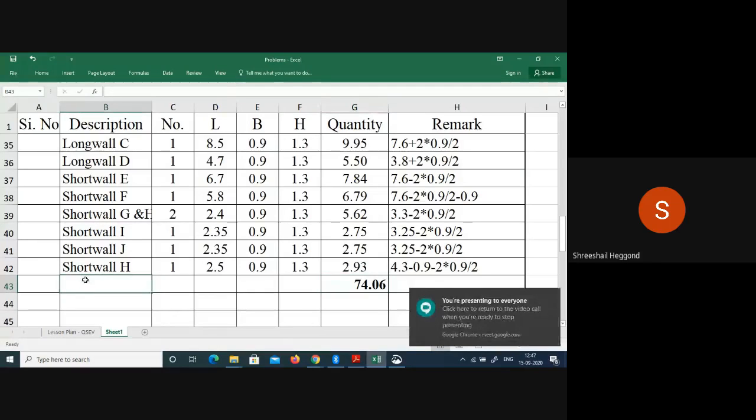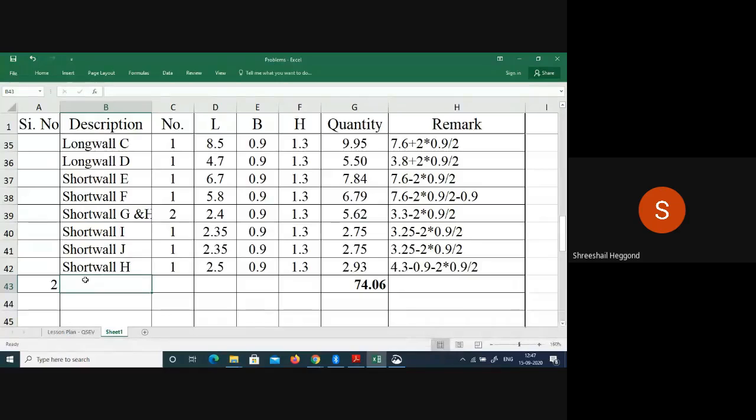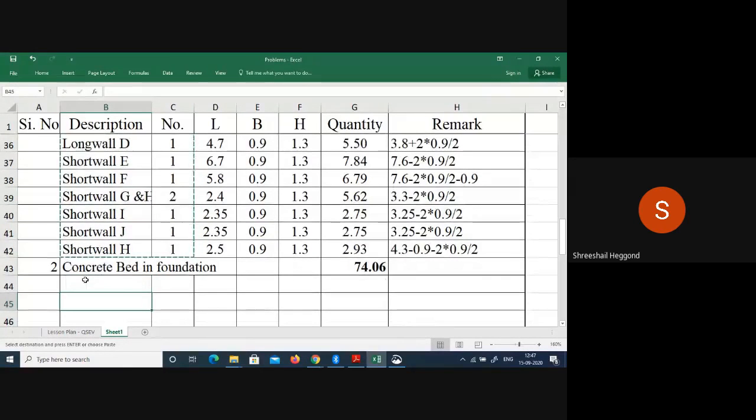Serial number 2. Component is concrete bed in foundation. You can write this as common values, common content, because the same you need to write.